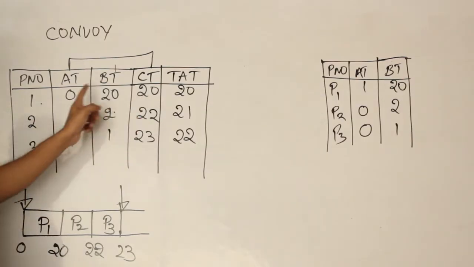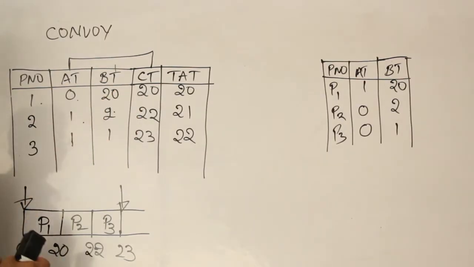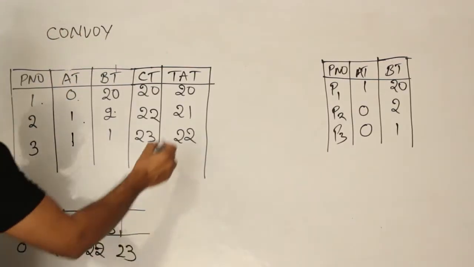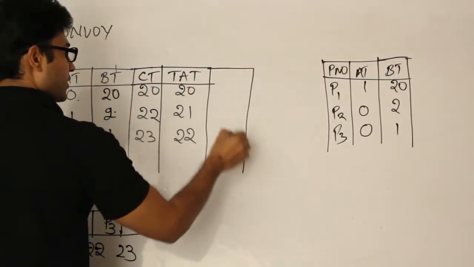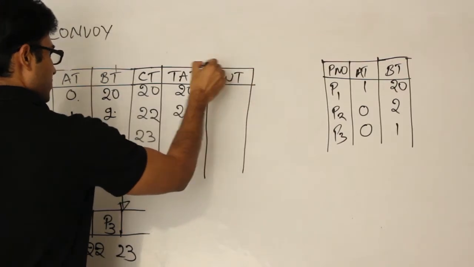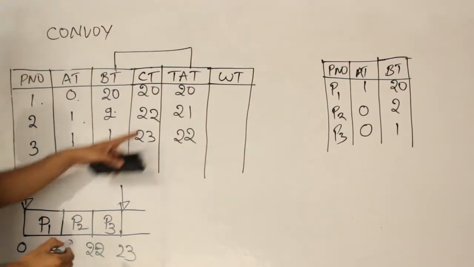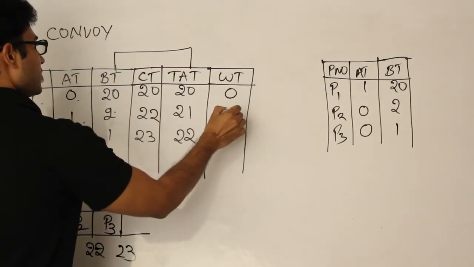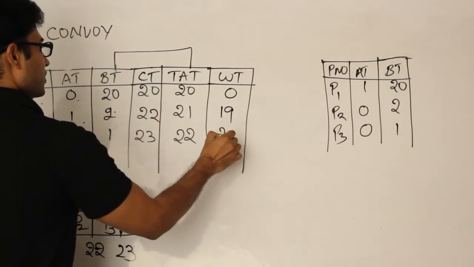I'm just subtracting arrival time from completion time. And after finding the turnaround time, you could find the waiting time. Waiting time is turnaround time minus burst time. From this one you have to remove this, which means 0 here and then 19 here and then 21 here, right?